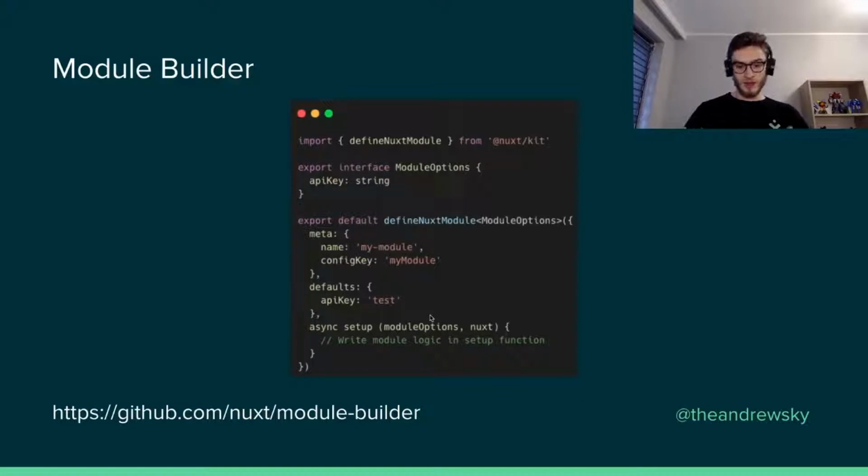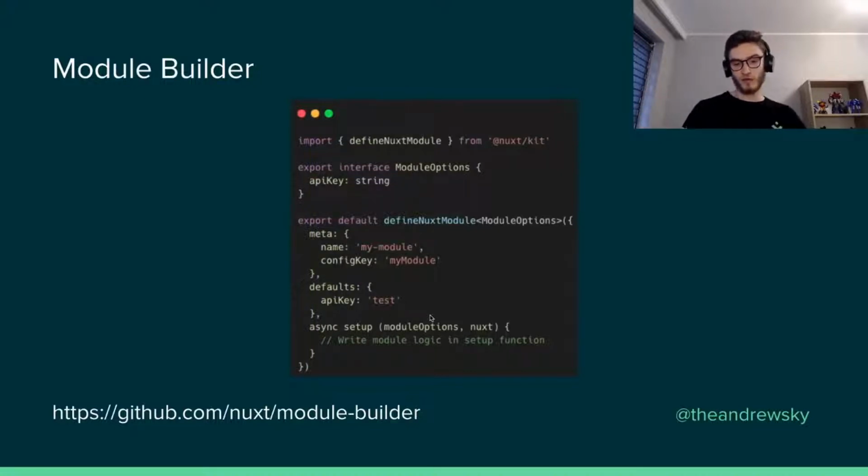And in this example, we can see that the defineNuxtModule method accepts one object parameter with things like meta, where we can define the name of our module and the config key. The config key is used in the nuxt.config.ts file. So let's say that we have a module called myAwesomeModule.